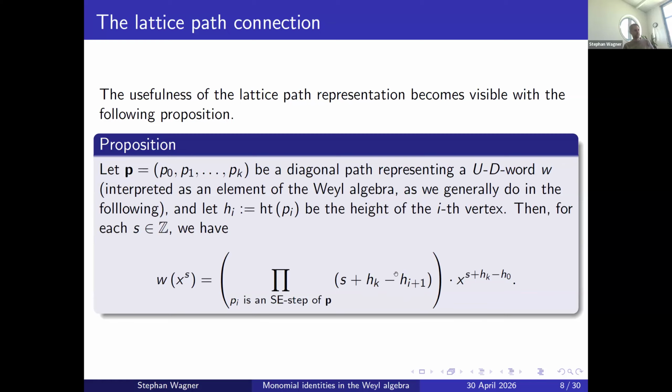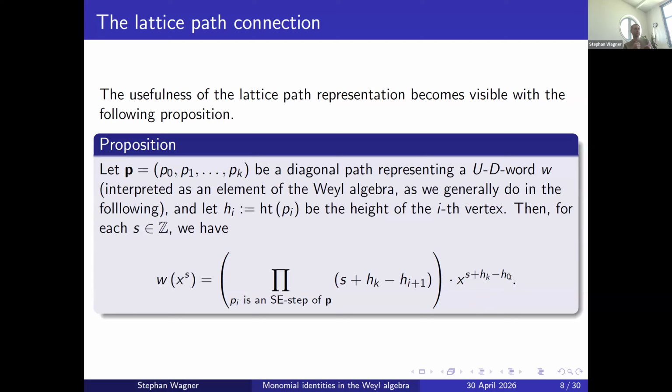So what this represents is the height difference between the end and what comes right after a down step. For each down step, there is one factor in this product. So the whole factor here is a polynomial in s, and then I've got x to some power. The part at the end is not too hard to explain, because with every up, you multiply by x, so you increase the exponent by 1.